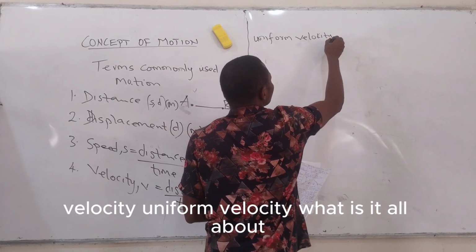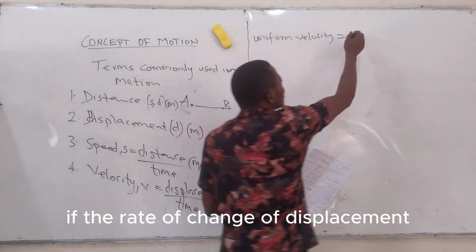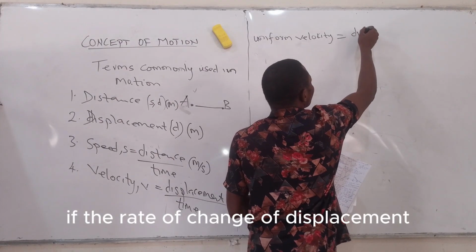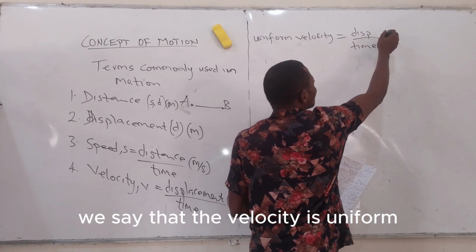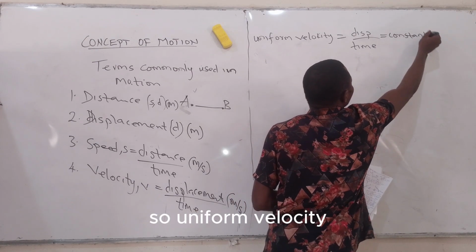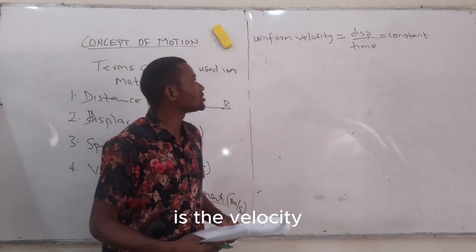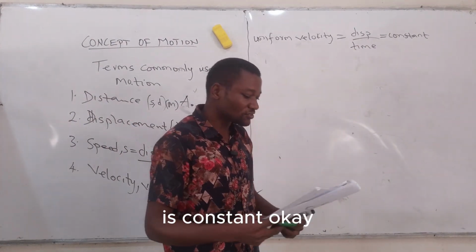What is it all about? If the rate of change of displacement with time is constant, we say that the velocity is uniform. So uniform velocity is the velocity in which the rate of change of displacement with time is constant.